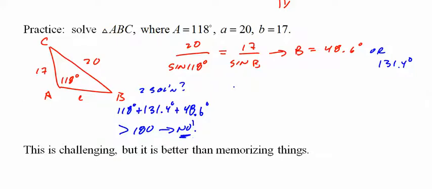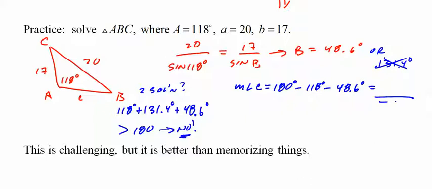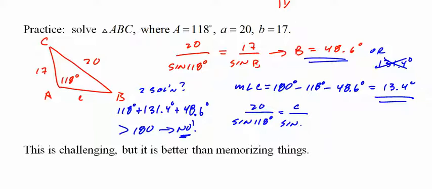Now we just go and figure out angle C. Is 13.4 degrees, and then 20 over sine of 118 equals C over sine of 13.4 degrees. We get 15.0. So this is challenging stuff.